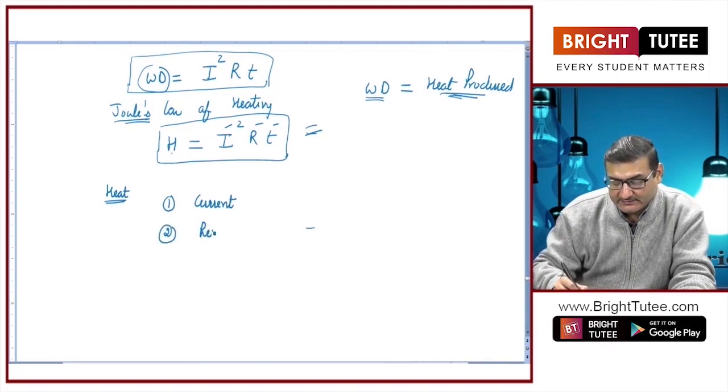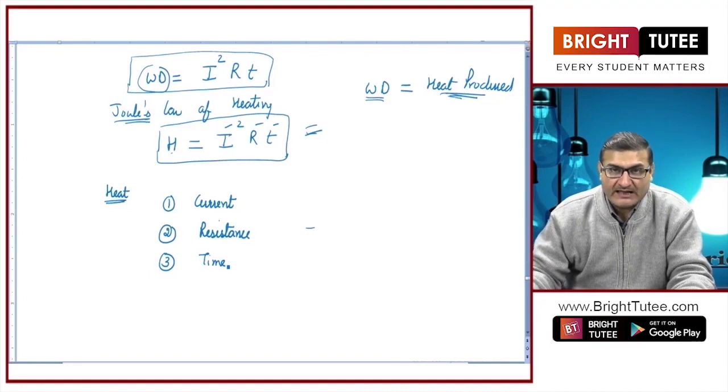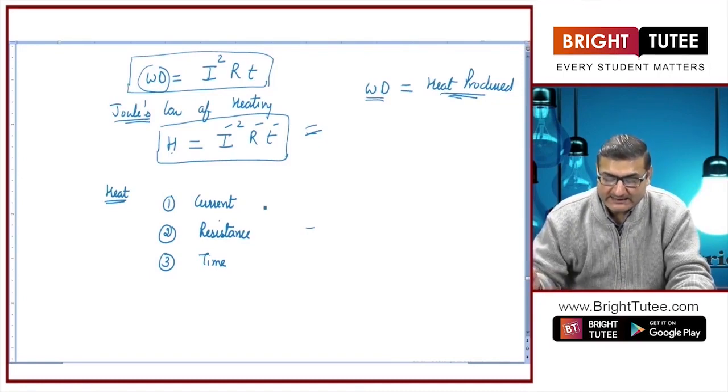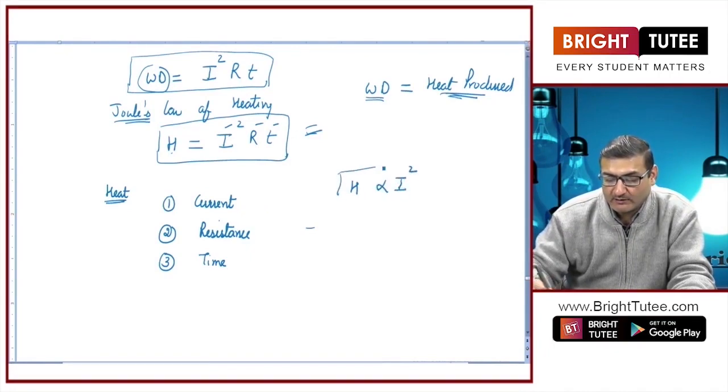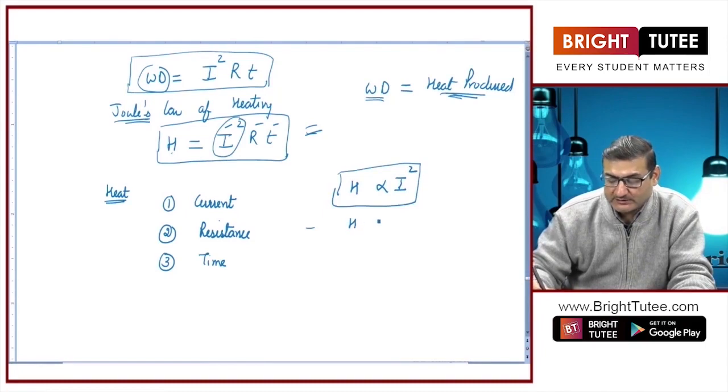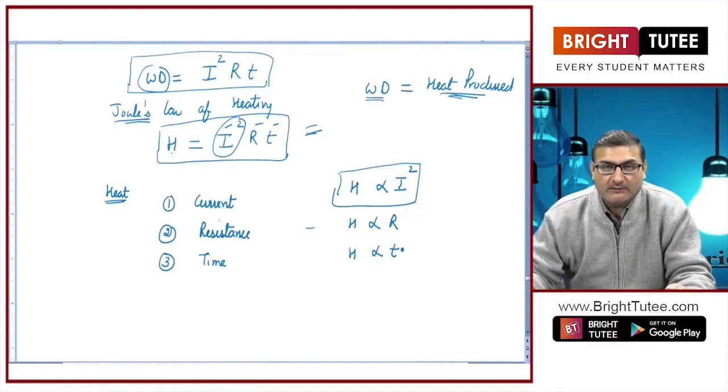Second factor is the resistance of the wire or the substance used, and third is the time. According to this formula, heat produced is directly proportional to the square of the current, directly proportional to the resistance, and directly proportional to the amount of time for which current is passed. Got it?